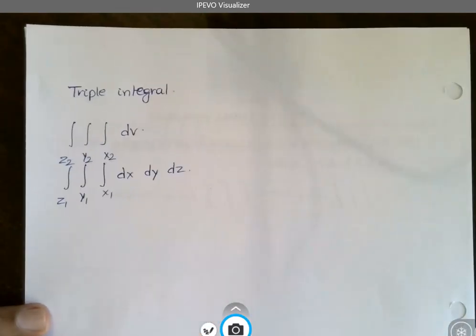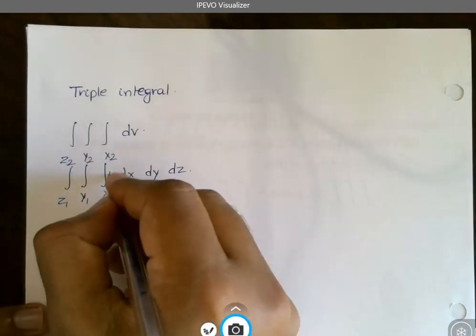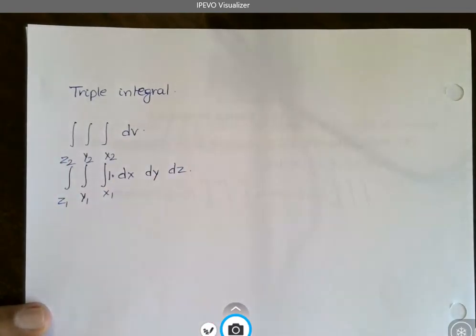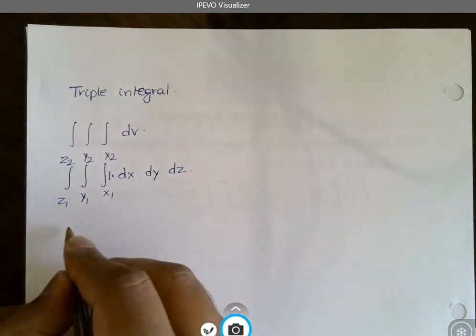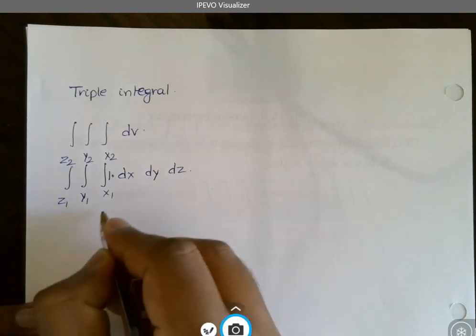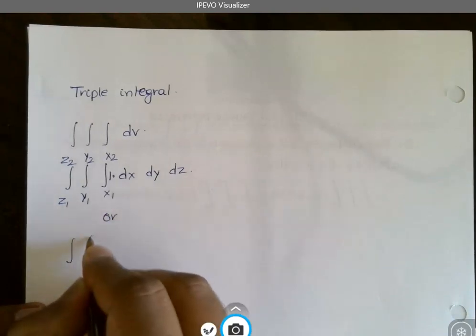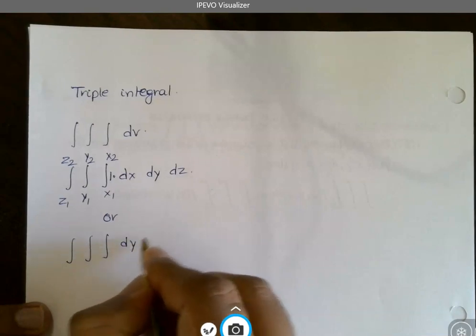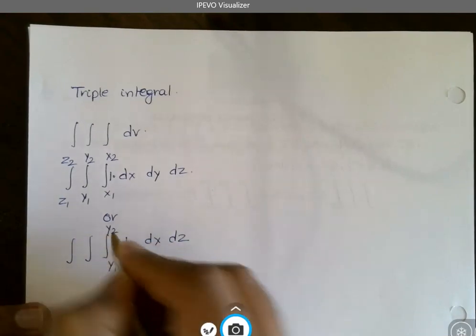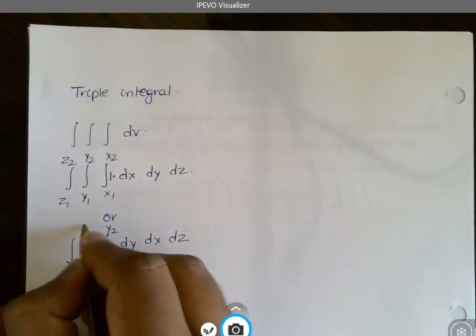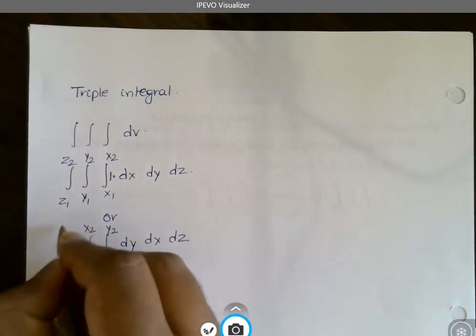Using Fubini's theorem, the integrand is 1. Now using Fubini's theorem, you can change the limits of integration and write this however you want. For example, if you want to write y first, you can write dy dx dz, so y1 to y2, x1 to x2, z1 to z2.